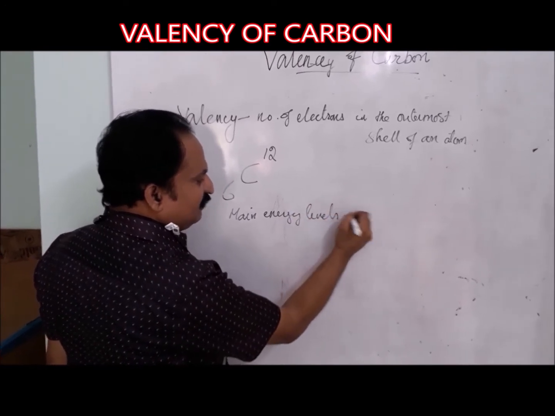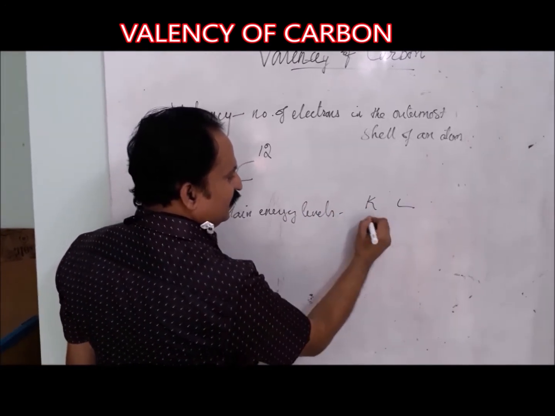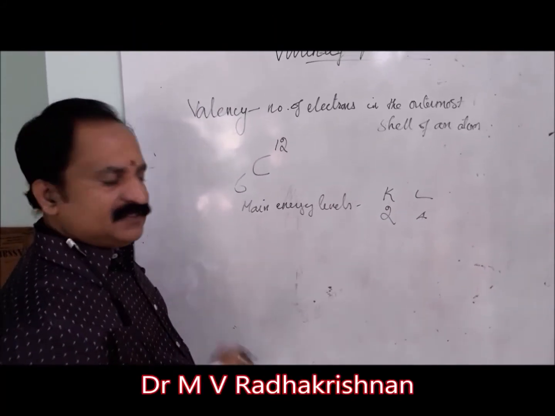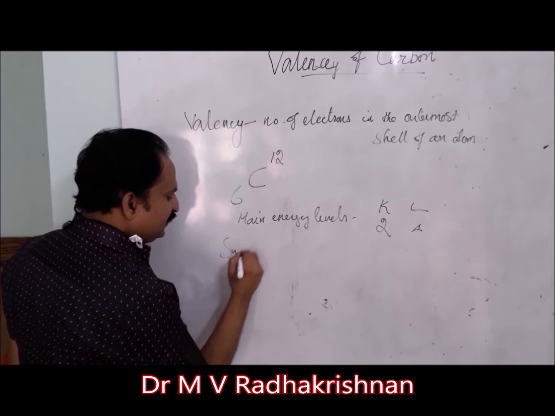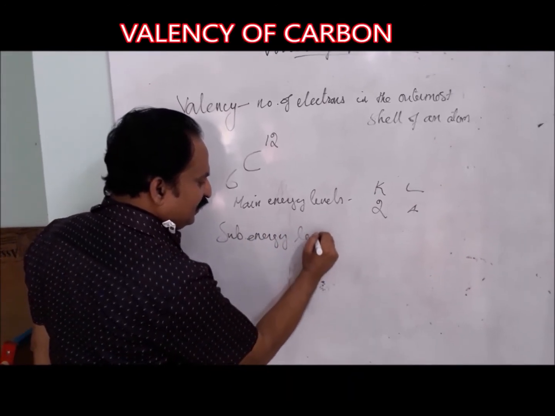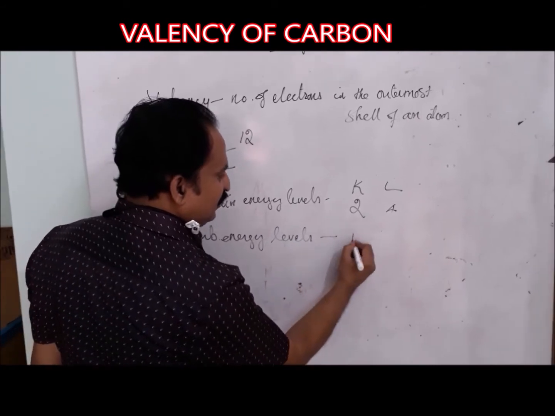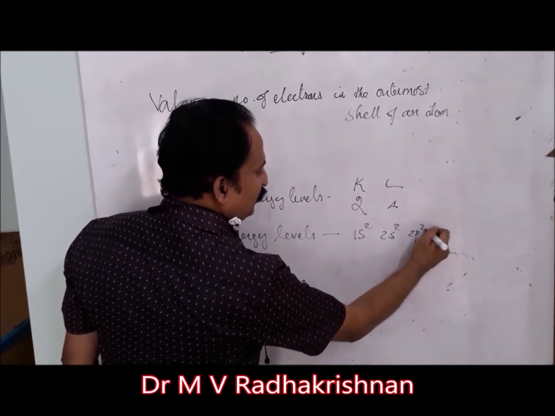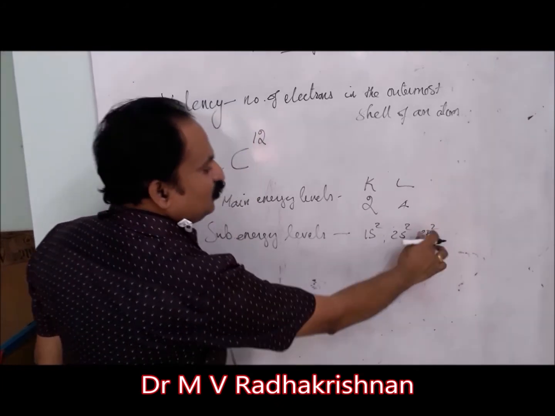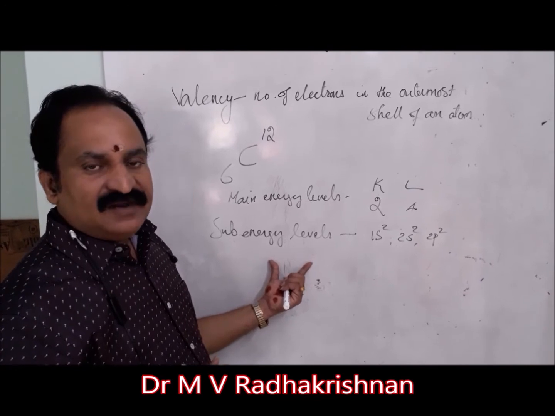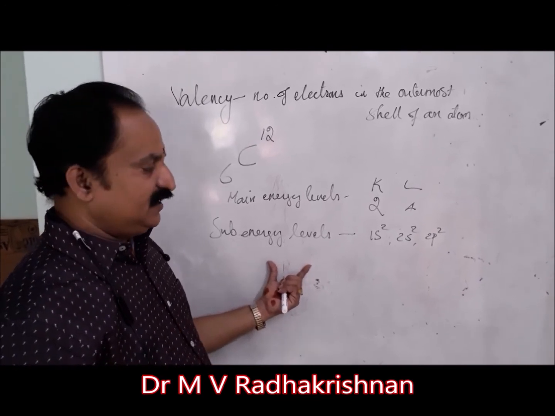With main energy levels K and L, K has 2 and L has 4 electrons. With sub-energy levels, the configuration is 1s2, 2s2 and 2p2. This is the sub-level electronic configuration.